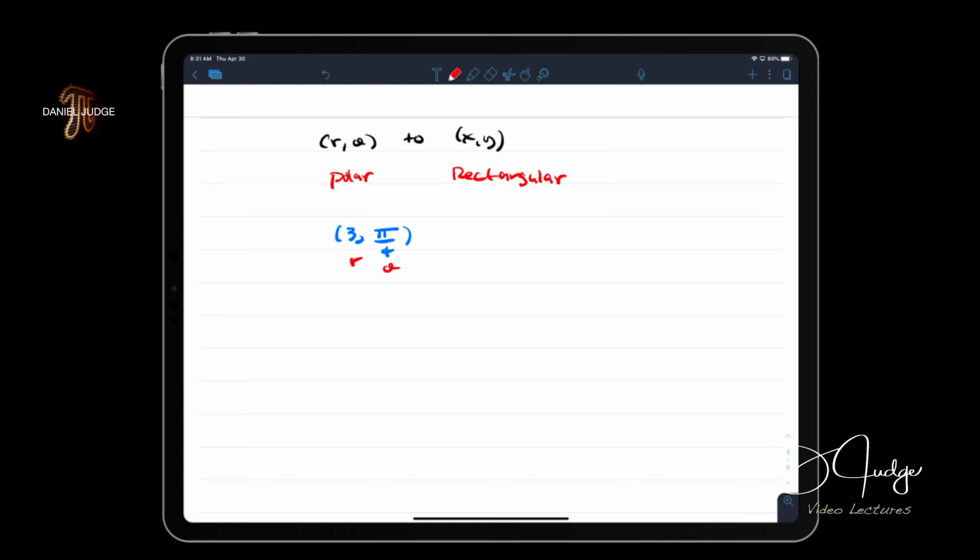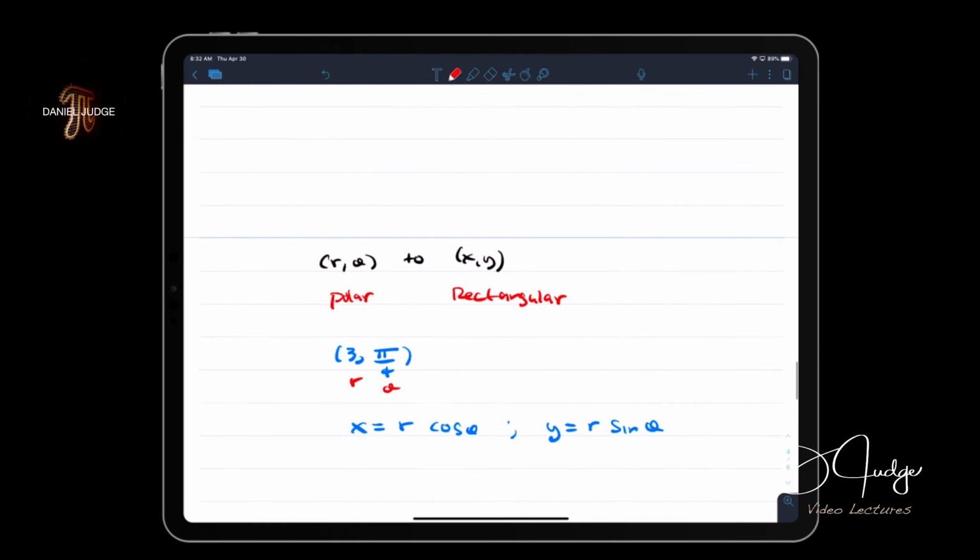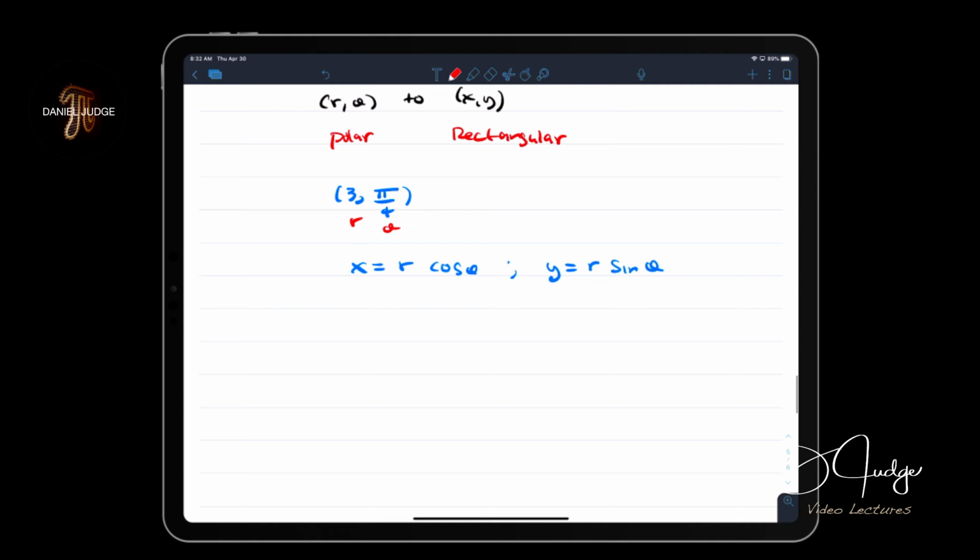Here's my angle. You might say, if I do that, what do I use? Use x is r cosine theta, and y is r sine theta. Very simply, you plug in 3 for the radius, and you plug in pi over 4 for the angle. If you guys remember these here.